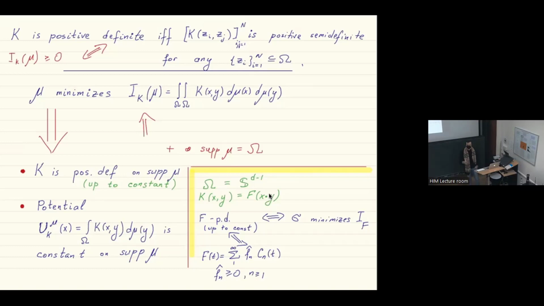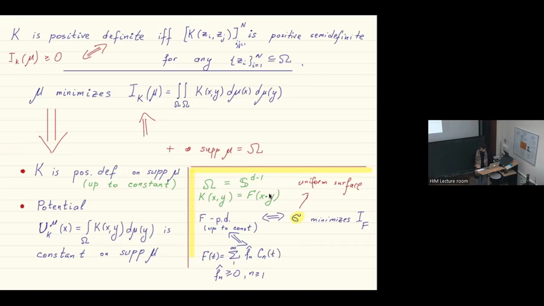In particular, this has one immediate application for the case of the sphere. If your kernel is rotationally invariant, if it depends only on the distance or the inner product, the relative location of the two points, then this condition is obviously satisfied. If you take your measure to be sigma, and by the way, whenever I say sigma in this talk, this will mean the uniform surface measure, then since your kernel is rotationally invariant, when you integrate with respect to sigma you get something that is independent of x, no matter what the kernel is.